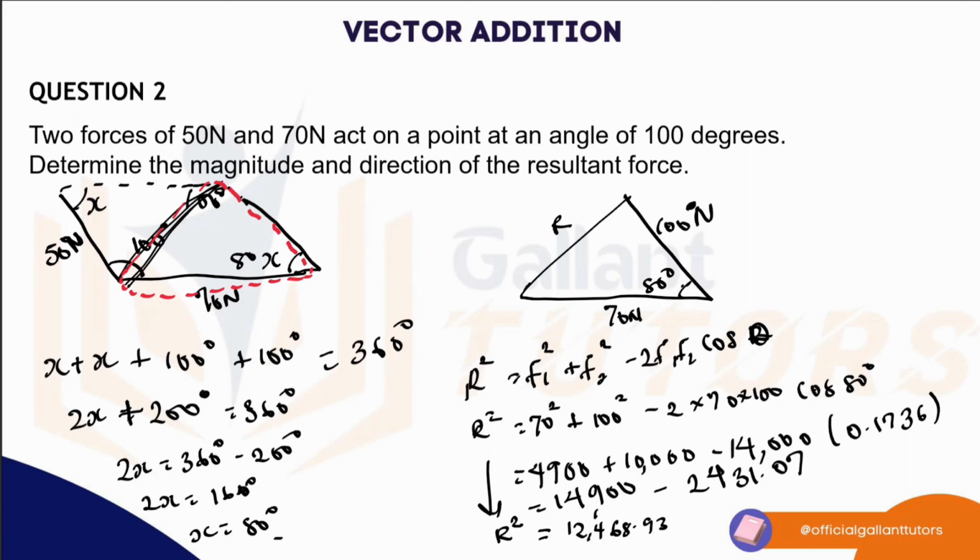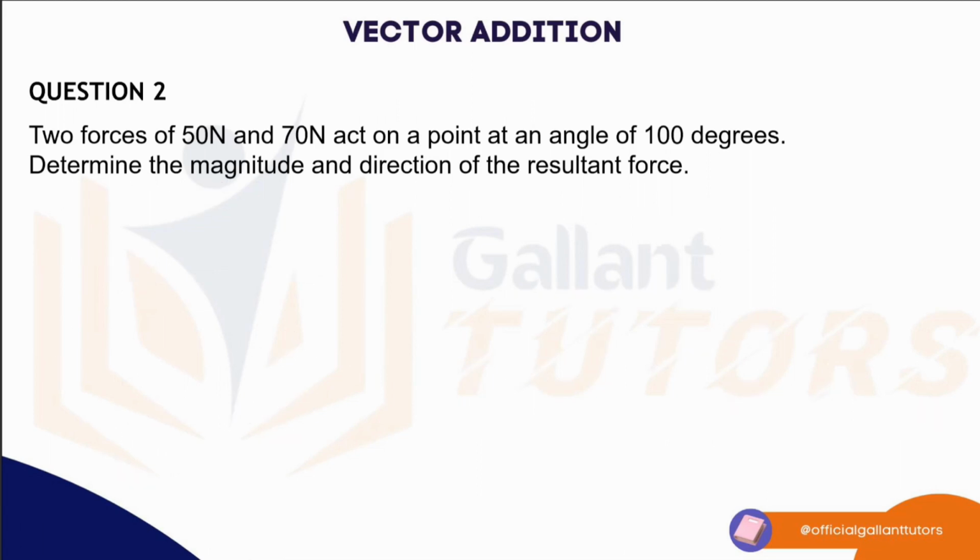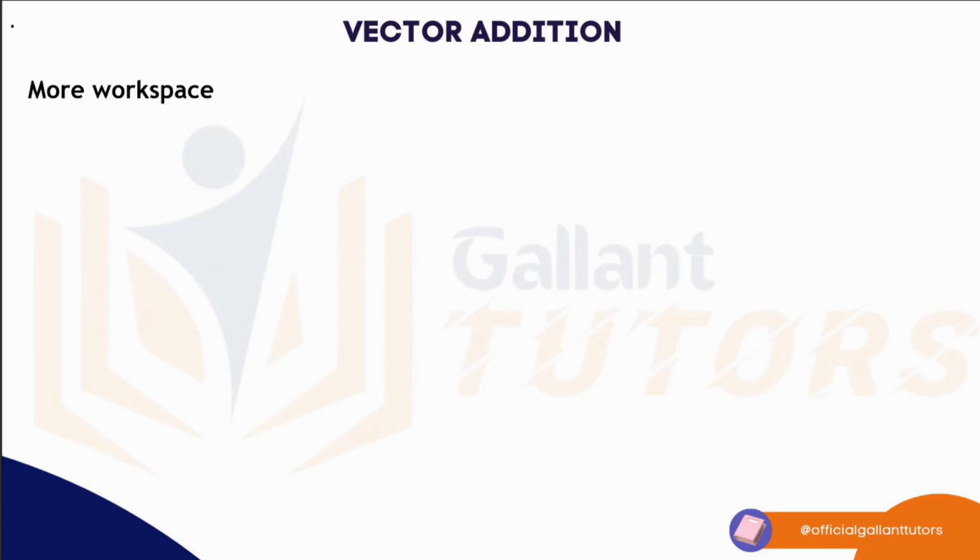All right, let's turn over so here doesn't get compressed, right? Okay, so we have r squared equal to 12,468.93. So the square root of this will give you what?